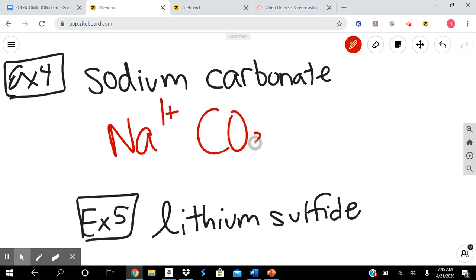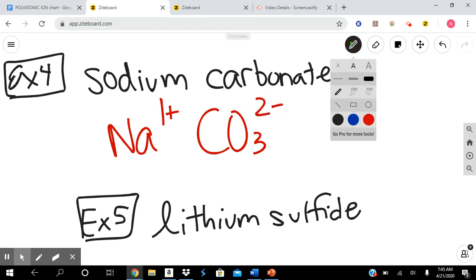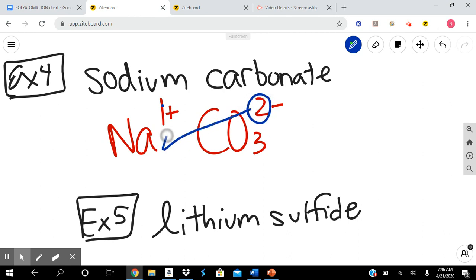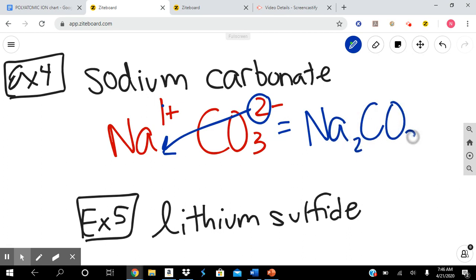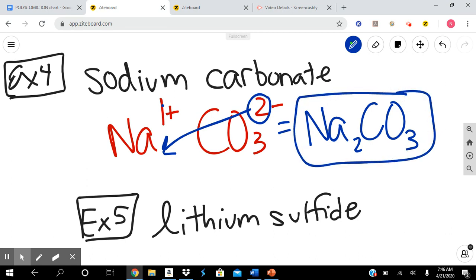Are my charges the same? No. What do we do? Crisscross. Am I going to cross the 1? No. Am I going to cross the 2? Yes. So I have Na2CO3. There you go.